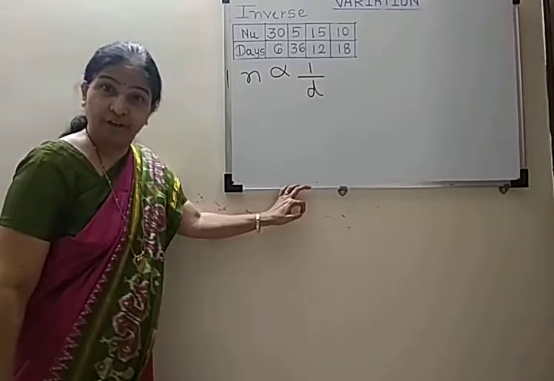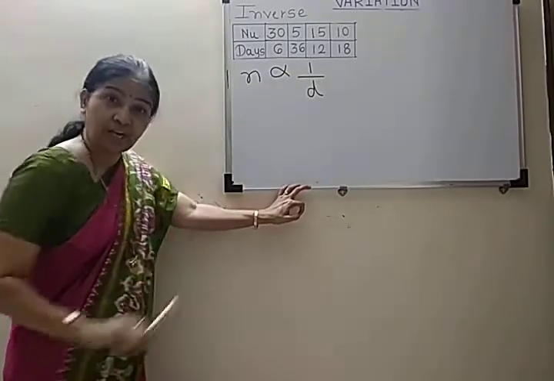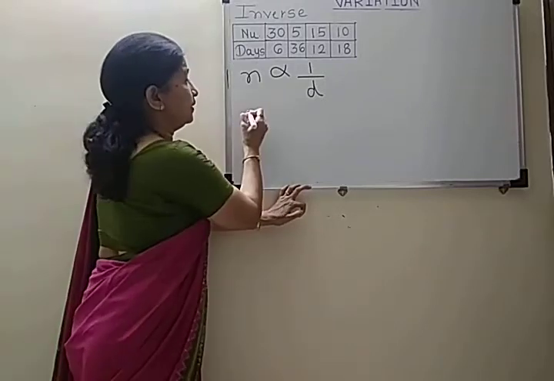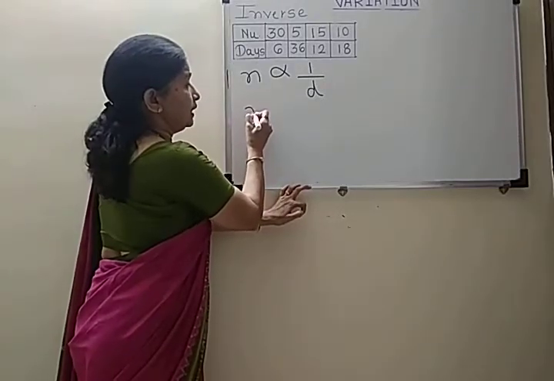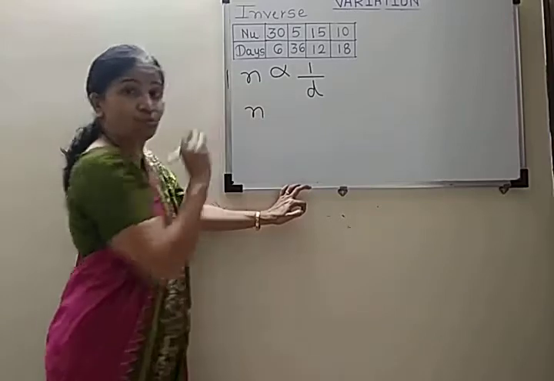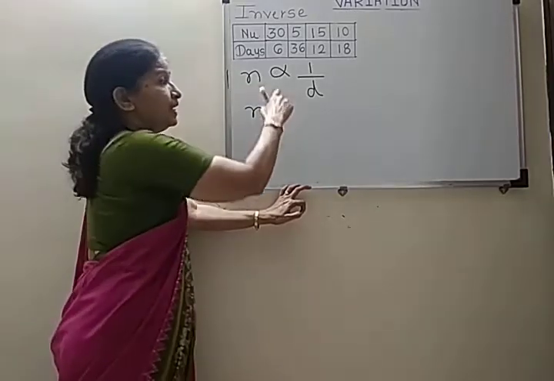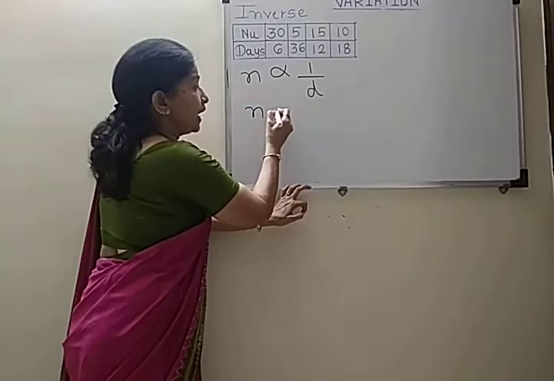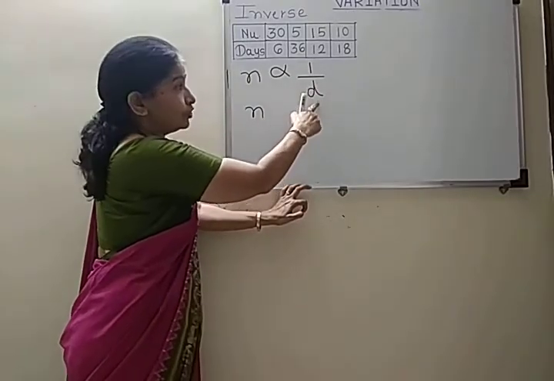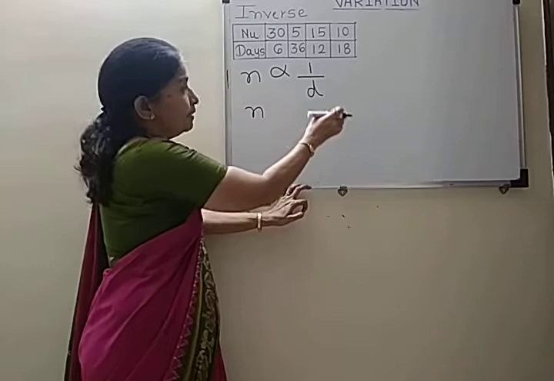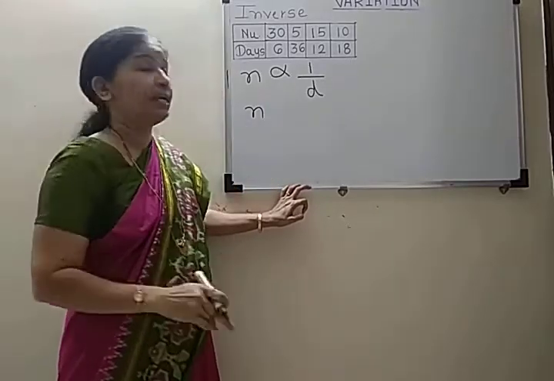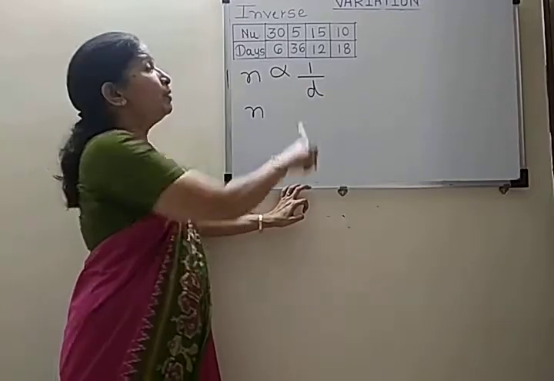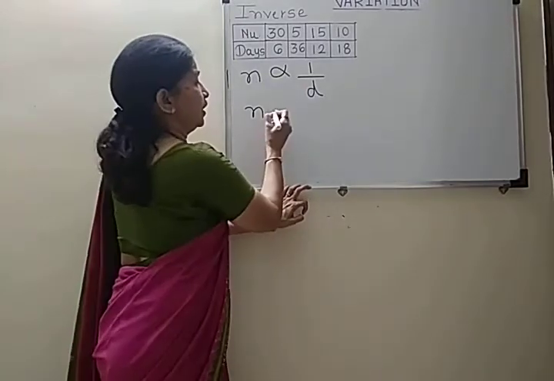Now for the second step, we will use the equal sign. Now with the equal sign, this D I am bringing to this side, so this division will become multiplication.